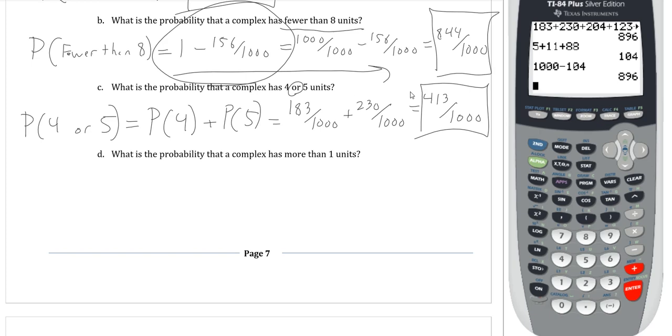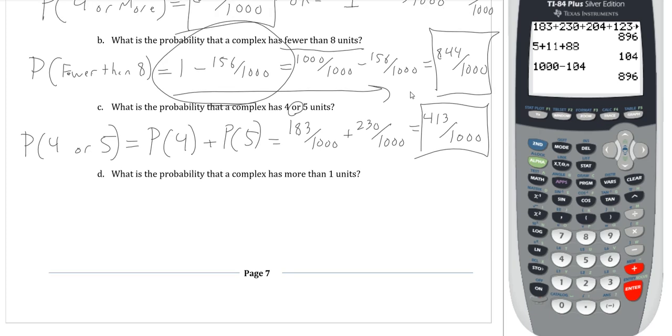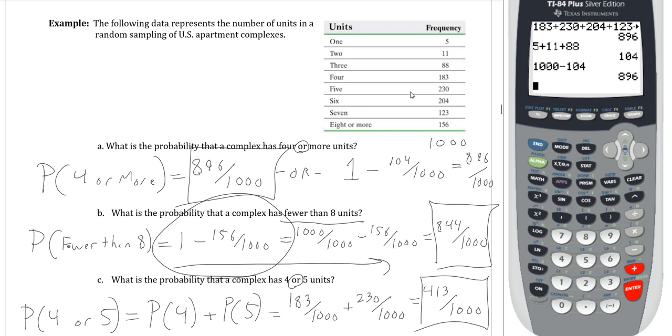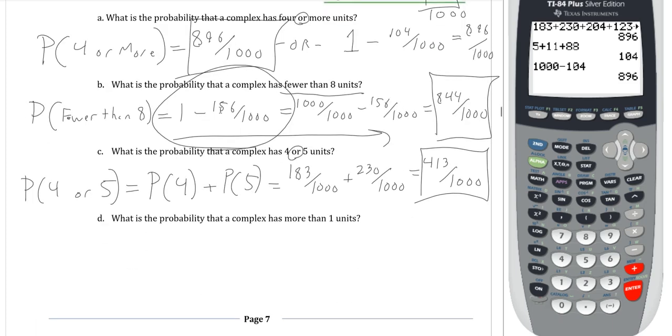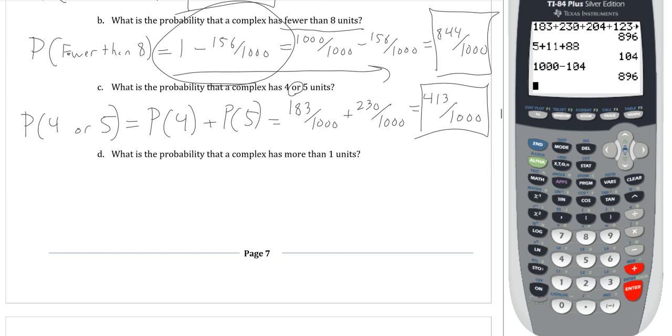Last question here. What is the probability that a complex has more than 1 unit? All right, well, more than 1 would be all of these together. Or alternatively, we could just consider the one value that would not be included, which is 5, and take that from 1,000. You can probably do that in your head, but I'm going to write it down anyway.